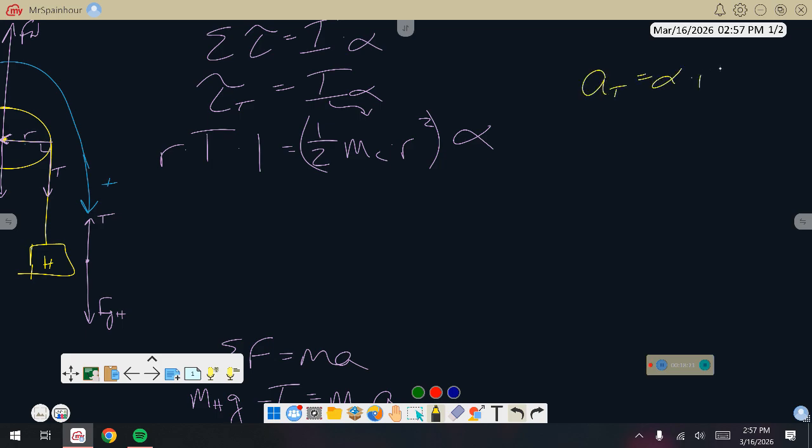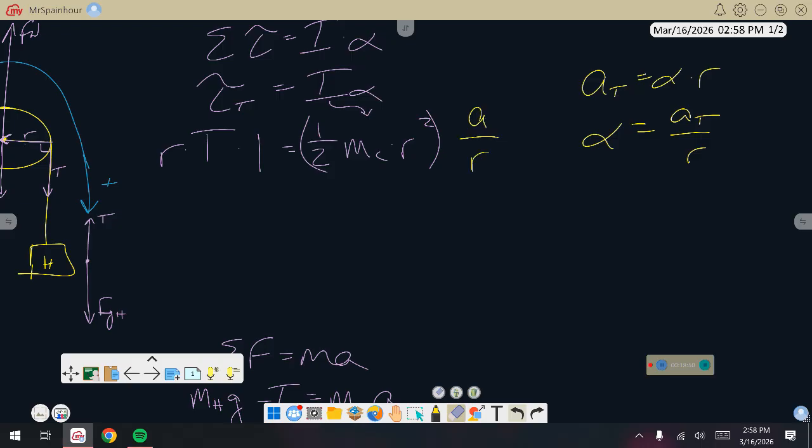AT is alpha times R, but yep, through algebra or memorization, that means alpha is equal to AT divided by R. And we already said, how does that AT relate to this acceleration on the bottom down here? That conversation earlier, they are exactly the same. So what you can do now is, instead of alpha, use A over R.